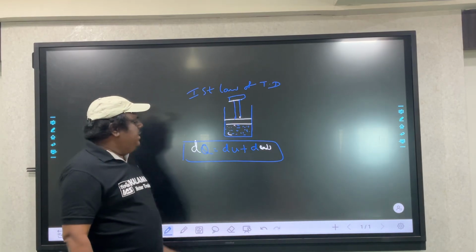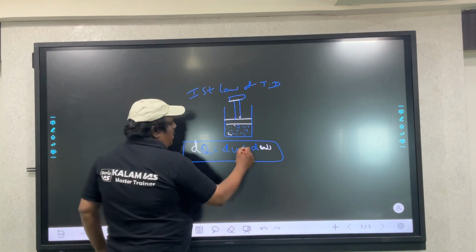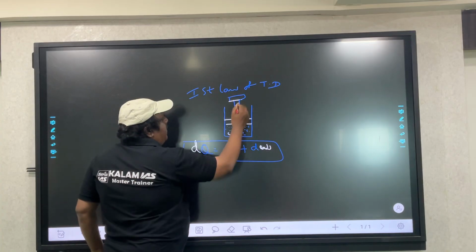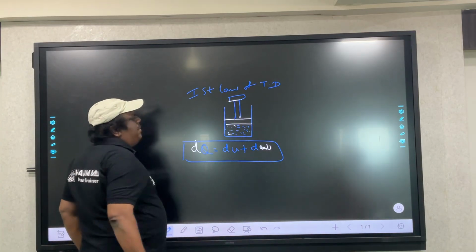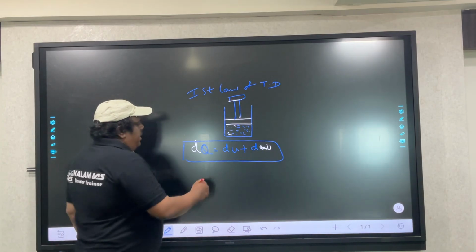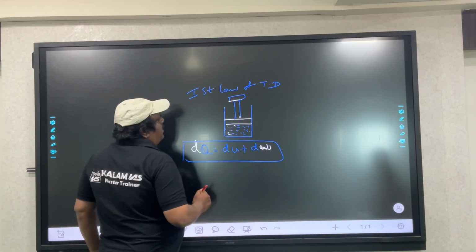Positive or negative work done should be differentiated as either work done by the piston or work done on the piston, depending upon those. Okay, this is about the first law of thermodynamics.